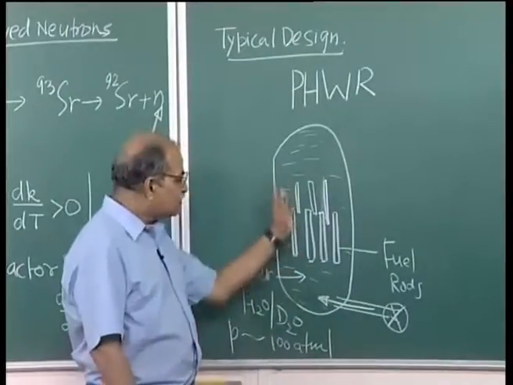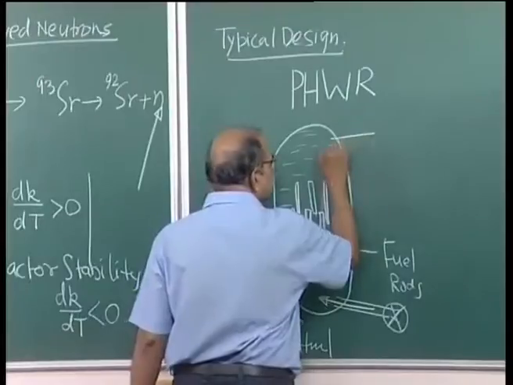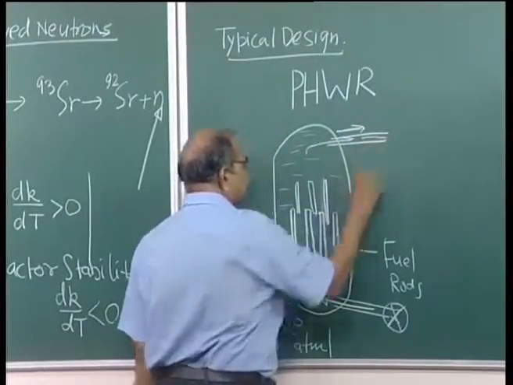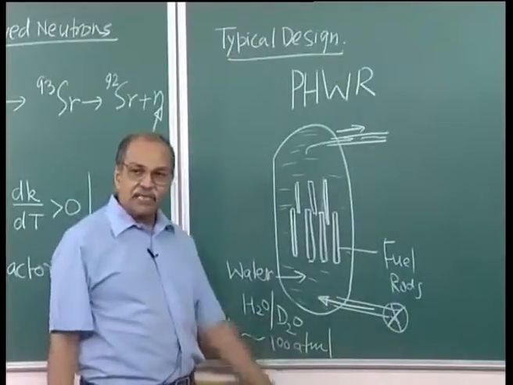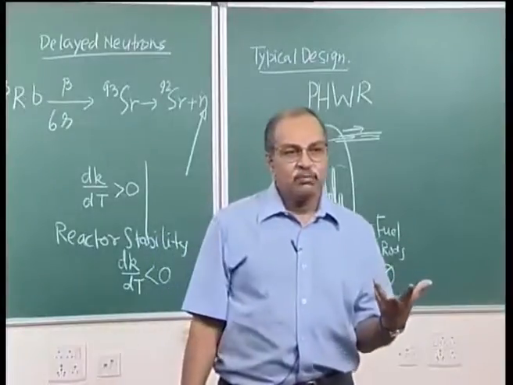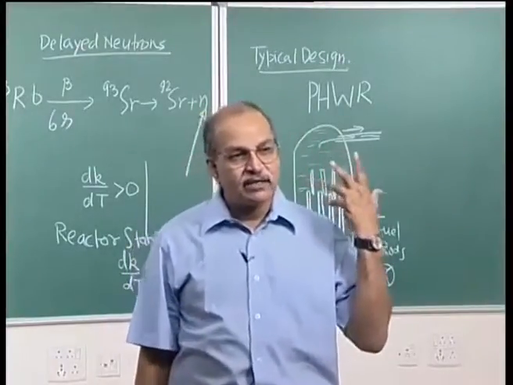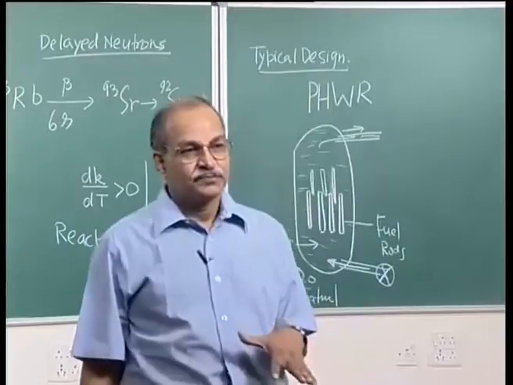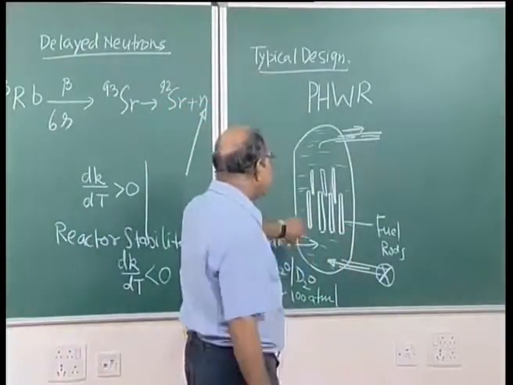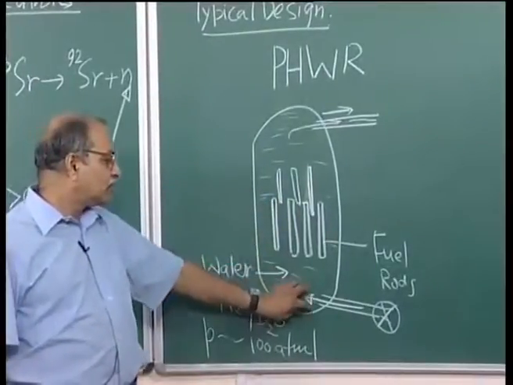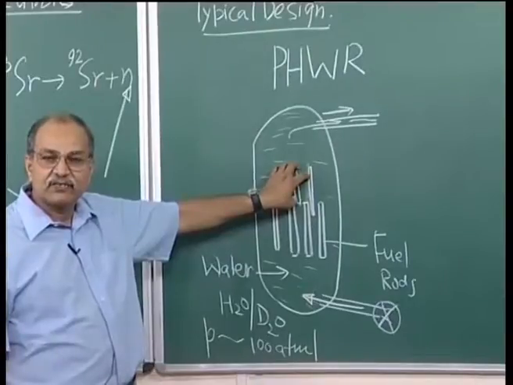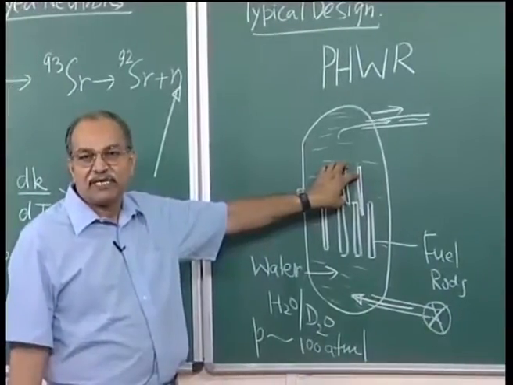Okay, and this water goes out through another outlet. So, it goes out, and at this high pressure the boiling point of water goes up and reaches something like 300 degrees Celsius or so, and therefore, it remains in liquid form, although the temperature increases to say 250 degrees or so, much above the normal boiling point.